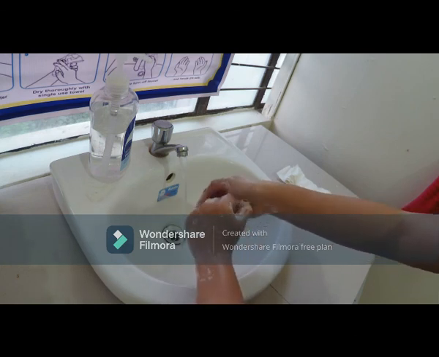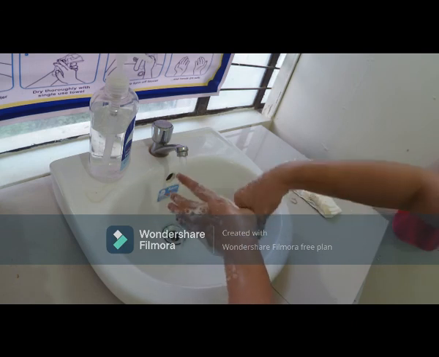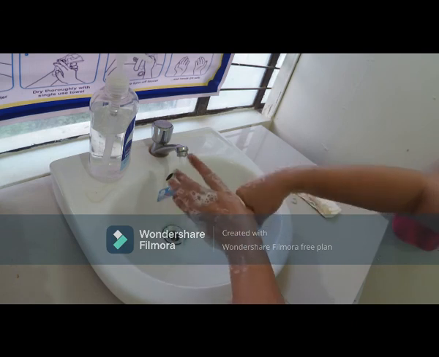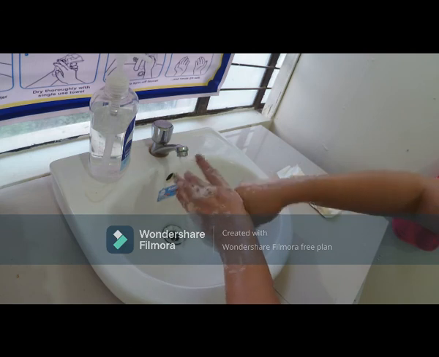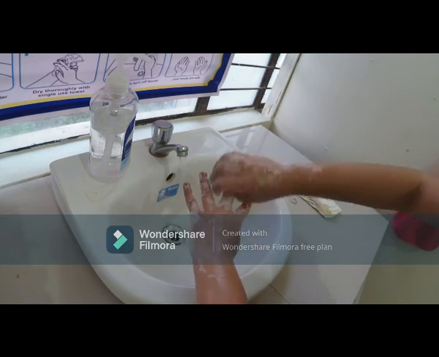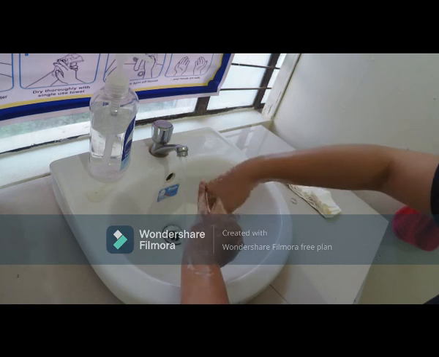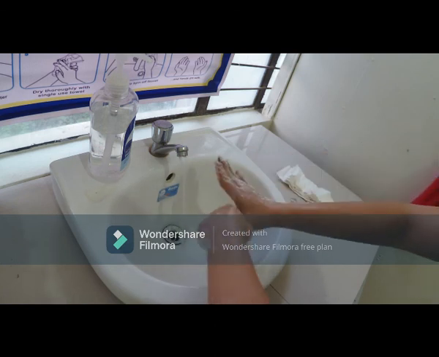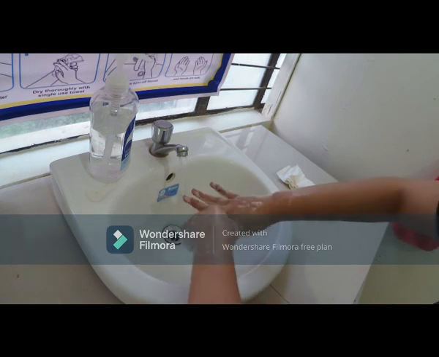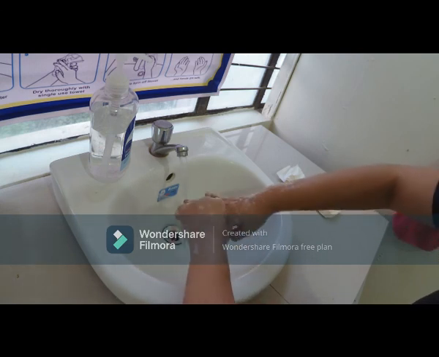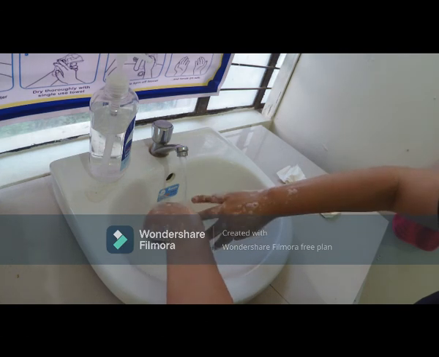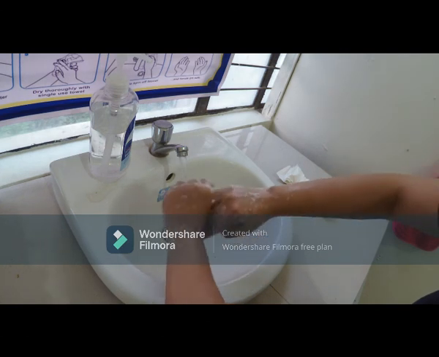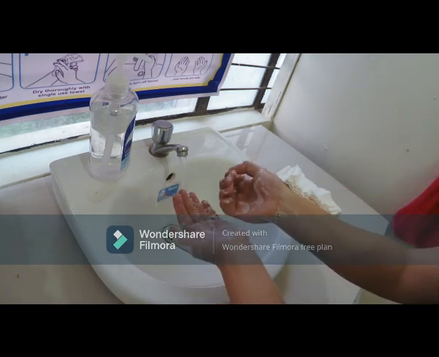And then next is rotational rubbing of left thumb clasped in right palm. And then vice versa. And then after that is make sure that our fingernails are clean.